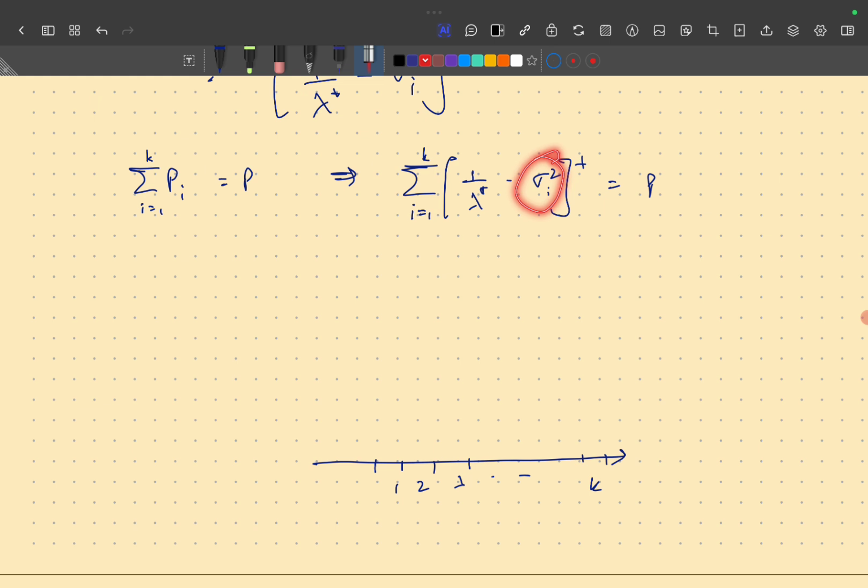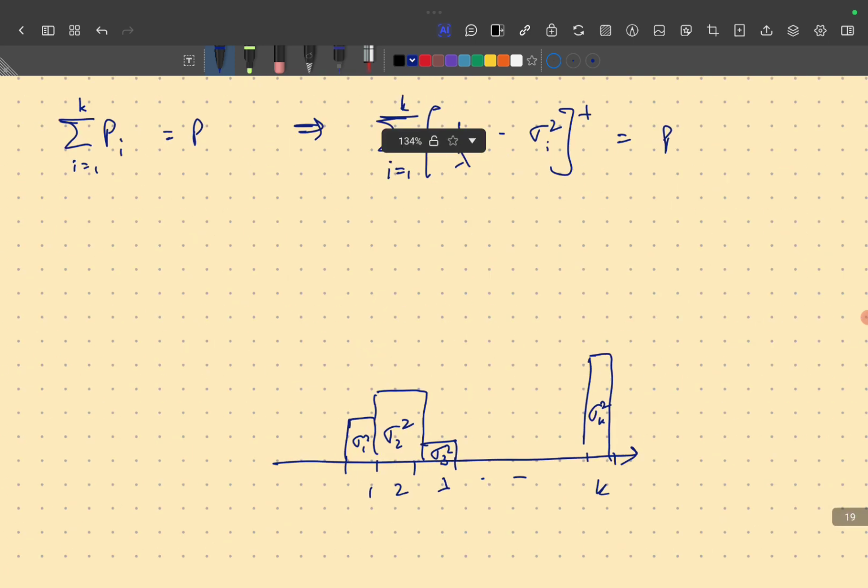There's already a certain level of noise, and I want to decide what level of power to allocate to this specific subchannel. The level in subchannel 1 is sigma 1 square. In subchannel 2, it is maybe sigma 2 square, which is larger than sigma 1 square. In subchannel 3, maybe it's at a much lower level, sigma 3 square, and so on. Maybe in subchannel k, it's very high, sigma k square.